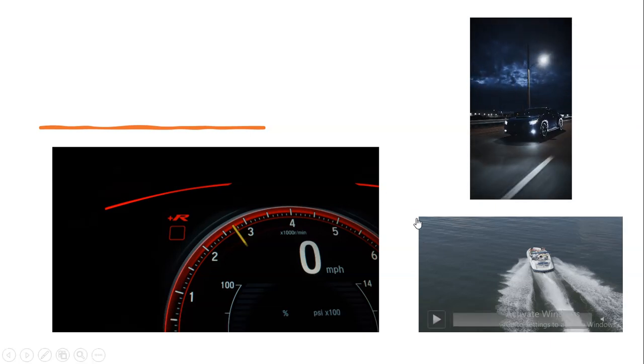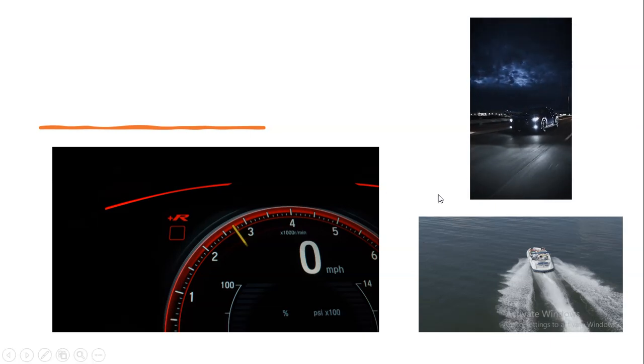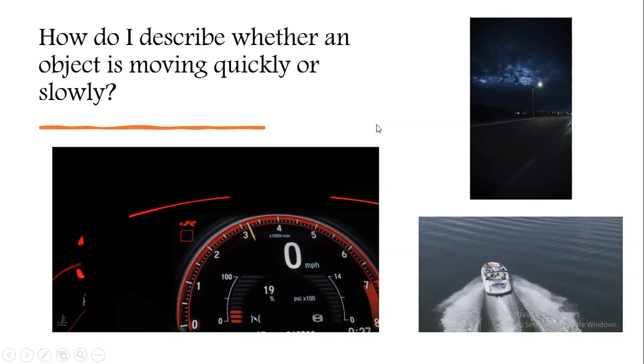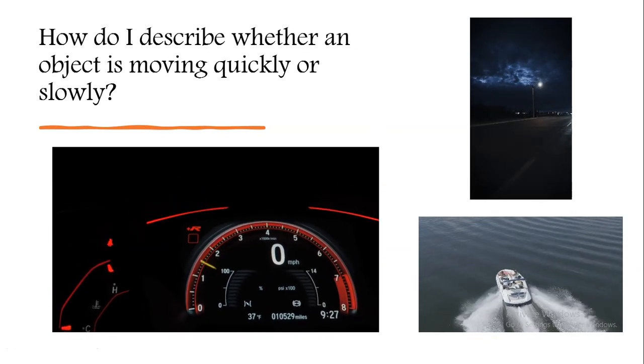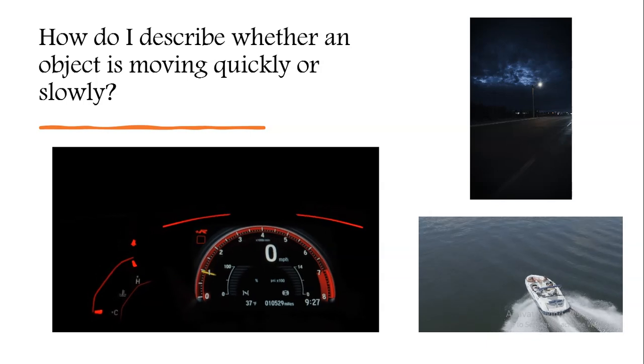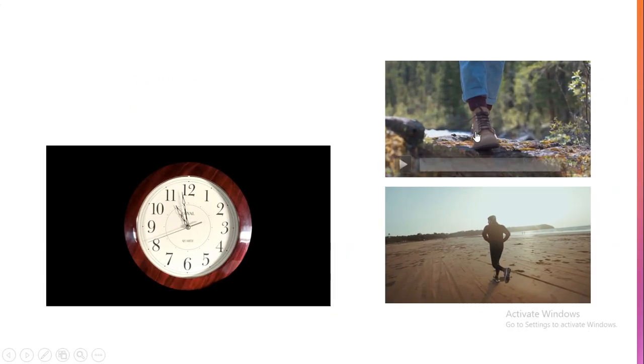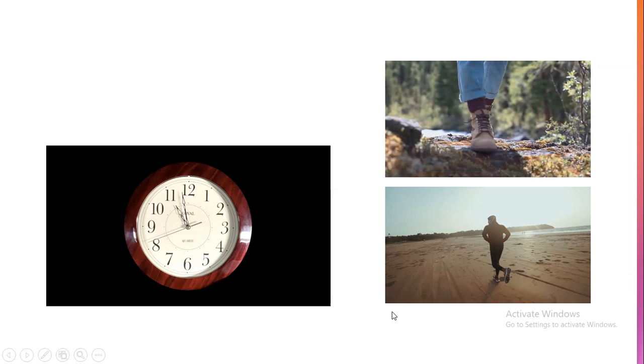Now, to another topic, relative topic, of course. This car is moving, the boat is moving. The question: how do I describe whether an object is moving quickly or slowly? Like this girl here, she's walking.